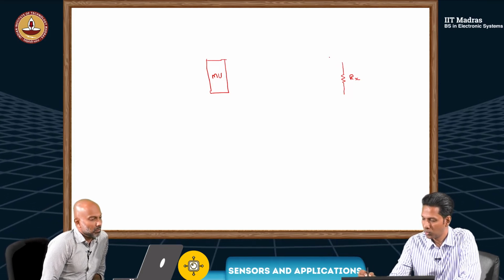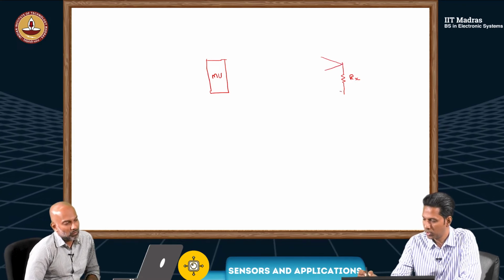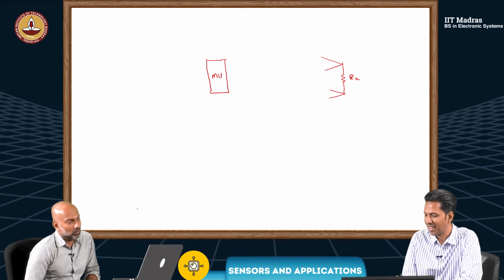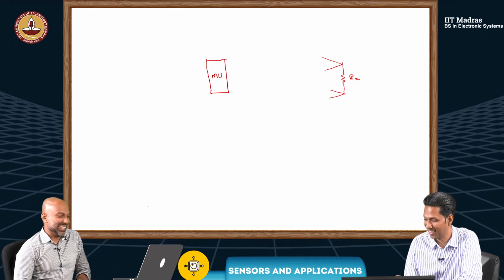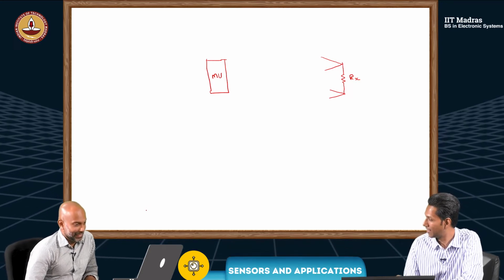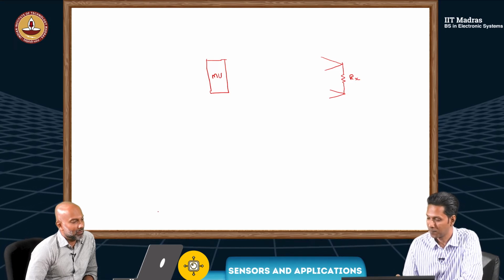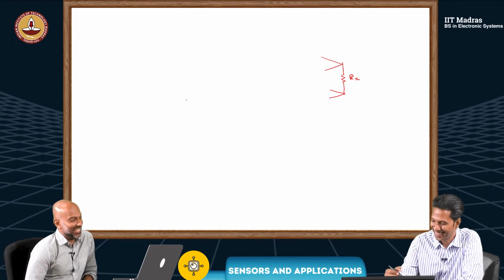Now, you have 4 wires coming out, 2 here and 2 here. How will I make use of this somehow to get rid of the RL1 and RL2? Don't tell me there's some Wheatstone bridge arrangement here.